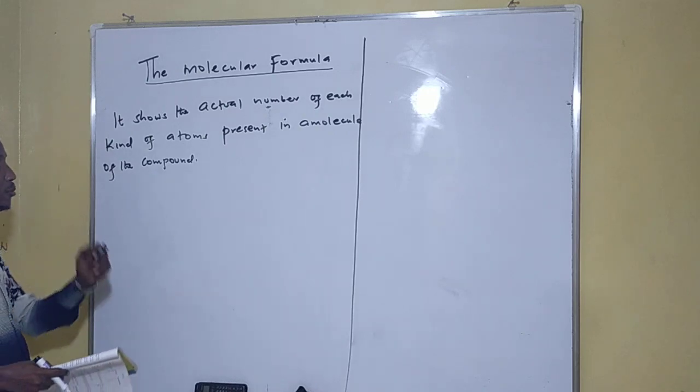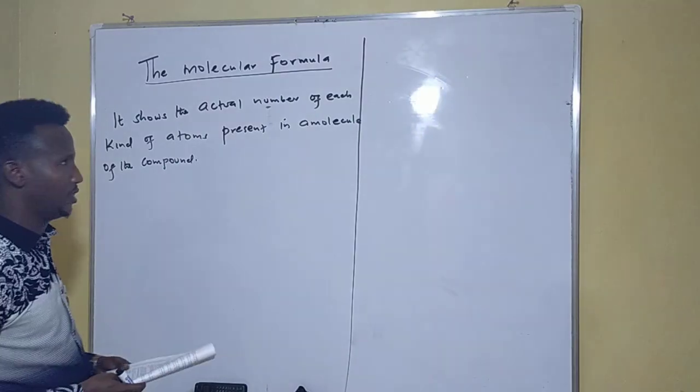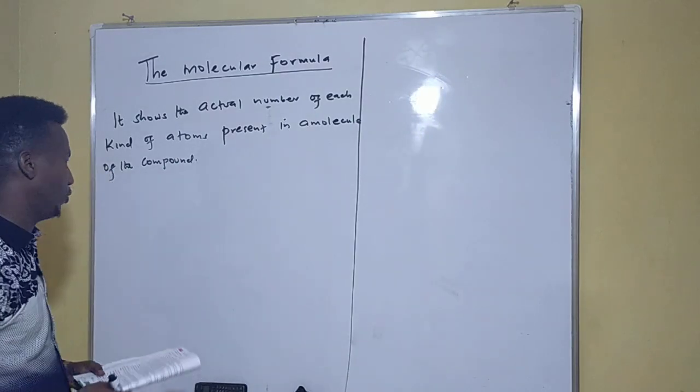So this is what the molecular formula shows. It shows the actual number of each kind of atoms present in a molecule of the compound, for your information.